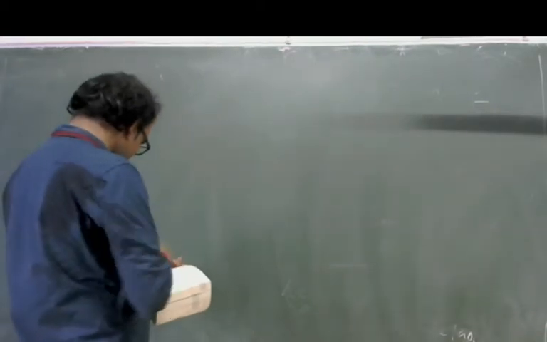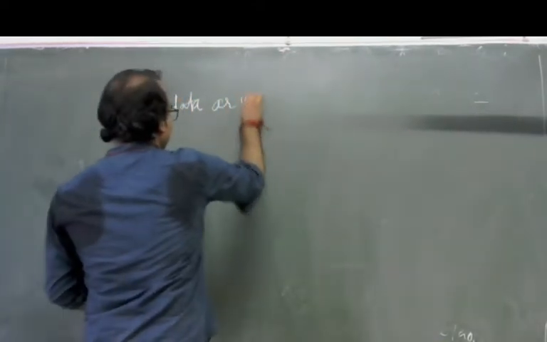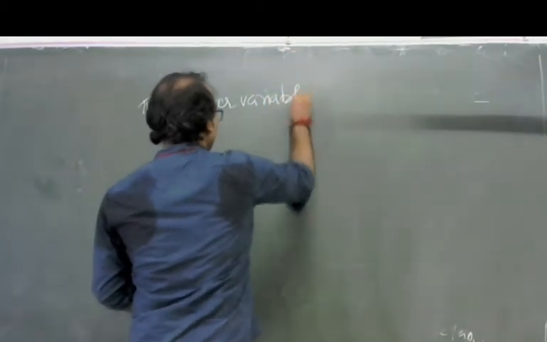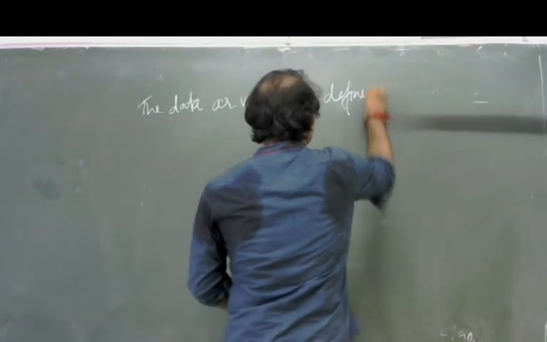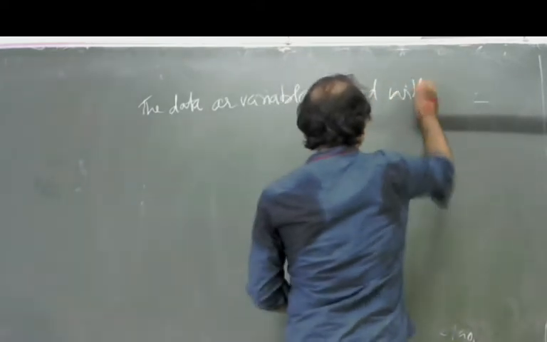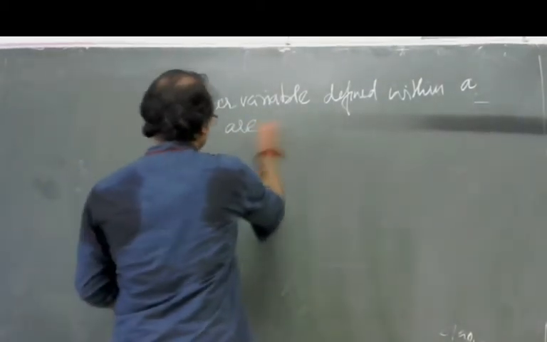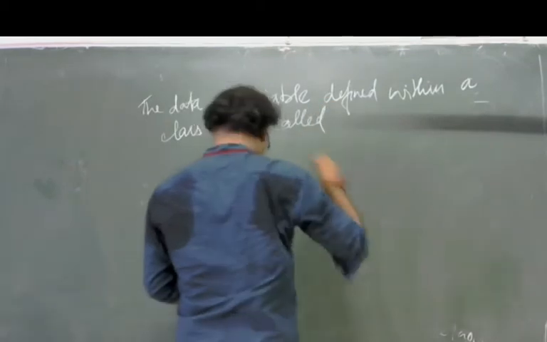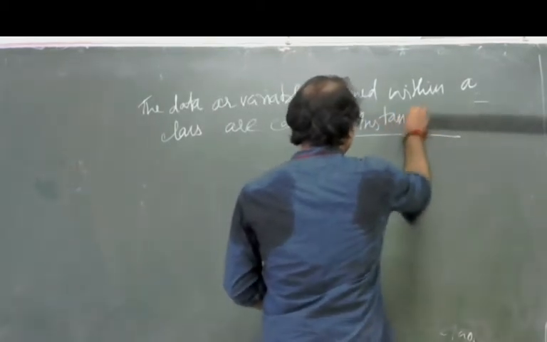Let's understand this book model again. Here in the book we came across that the data or variables defined within a class are called instance variables.